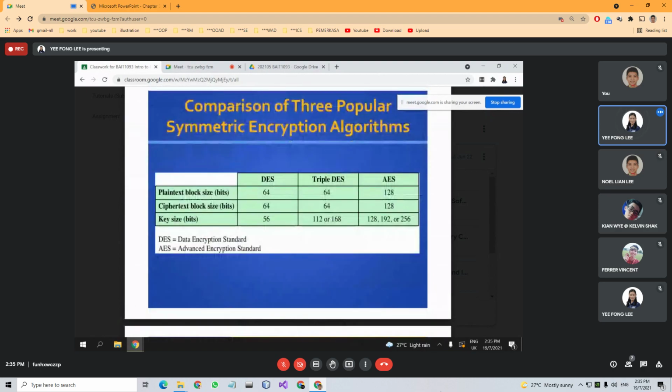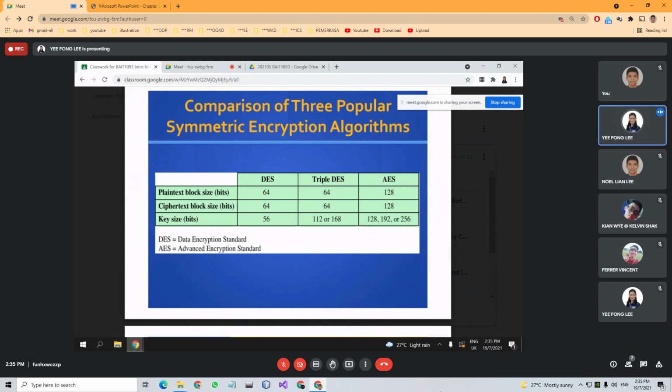This table shows a comparison between three popular symmetric encryption algorithms. We look at the key size between DES, Triple DES, and AES. In terms of plain text and cipher text, they will be the same.